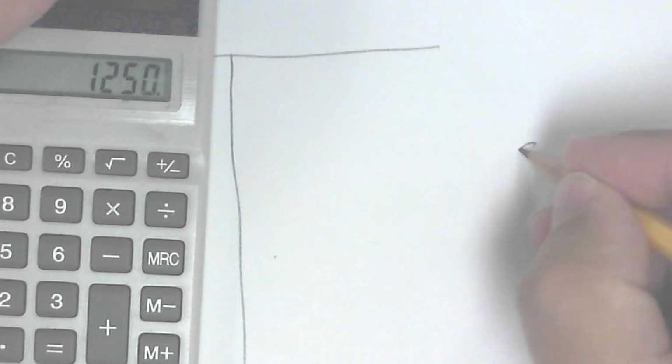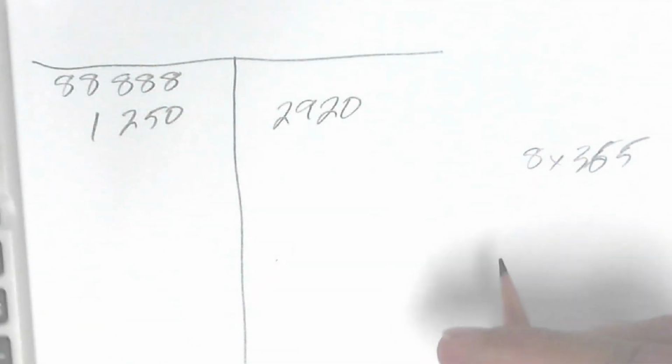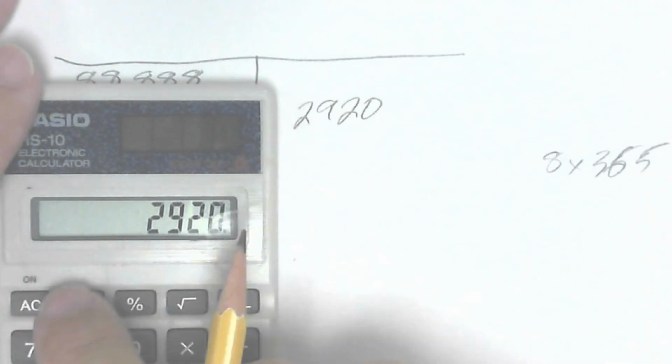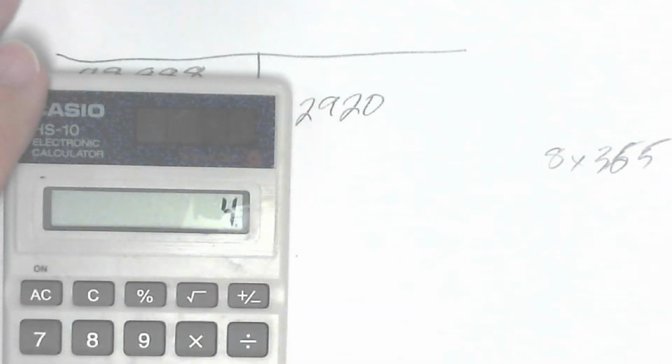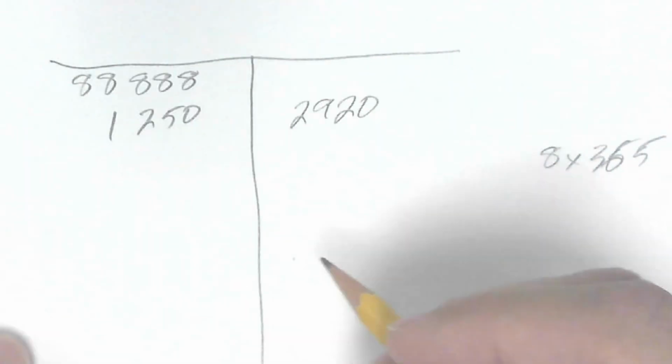And we have 8 credits for $365. So let's do 8 times 365, $2,920. And then we've got 4 more debits for $225. That comes to $900.